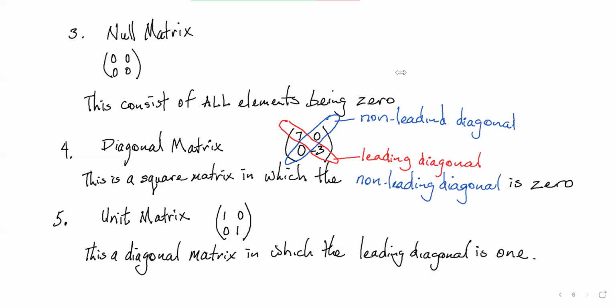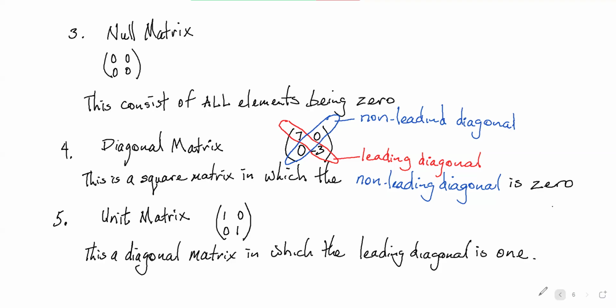So we started off tonight, testing memory. What was the first one we looked at again? A column matrix, right? The first one was a column matrix. And the second one was a square matrix.